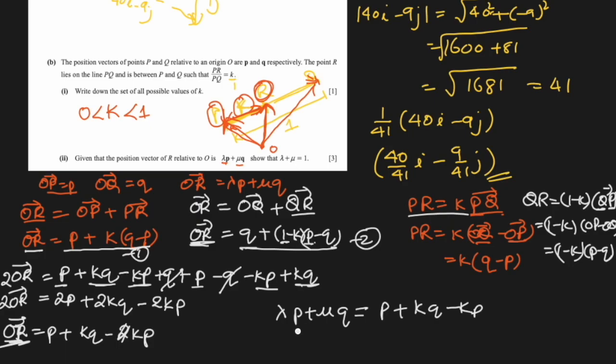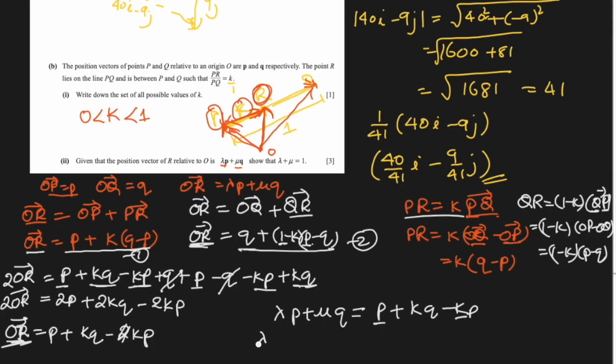Alright, can we compare P's now? So lambda P plus mu Q equal to (1 minus K) P plus KQ, right? Comparing the two, we can say that lambda is 1 minus K. Mu is K.